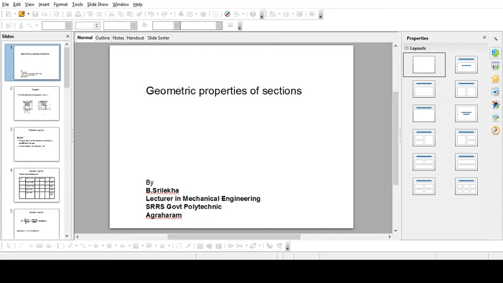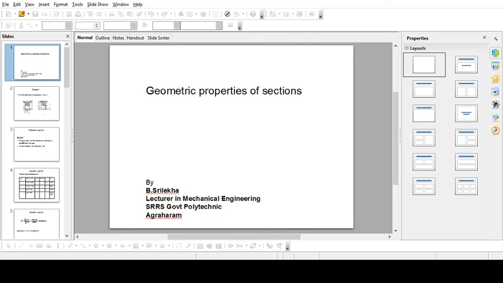The x and y coordinates of the rectangle: the centroid is simply L by 2 and B by 2. X1 is 80 by 2, that is 40, and y1 is 40 by 2, that is 20. So x1, y1 are 40, 20, and a1 is 80 into 40, that is 3200.